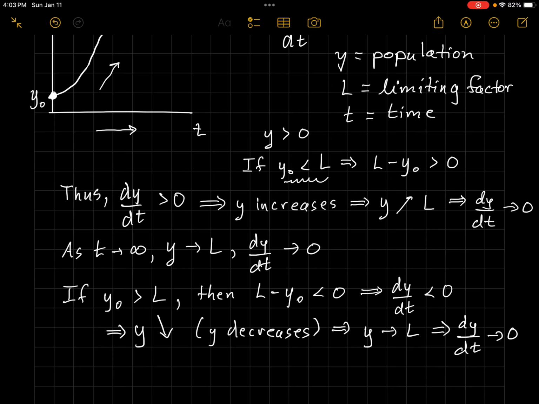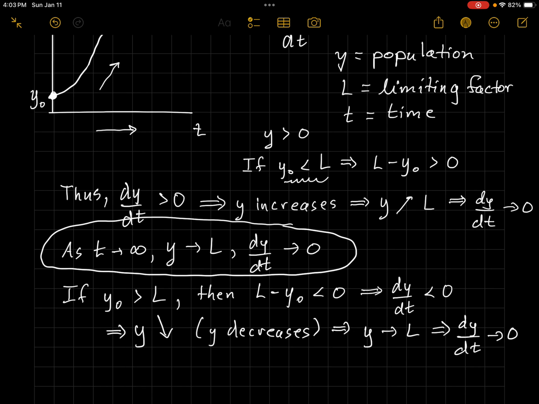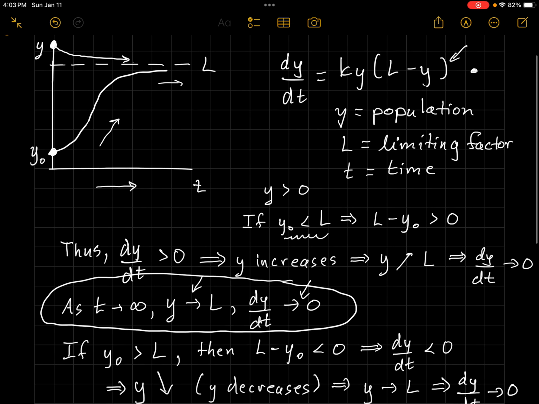So regardless of what we start with, whether the initial population is less than or greater than the limiting factor, these two statements will be true. As time increases, the population will approach the limiting factor and the slope will approach 0.